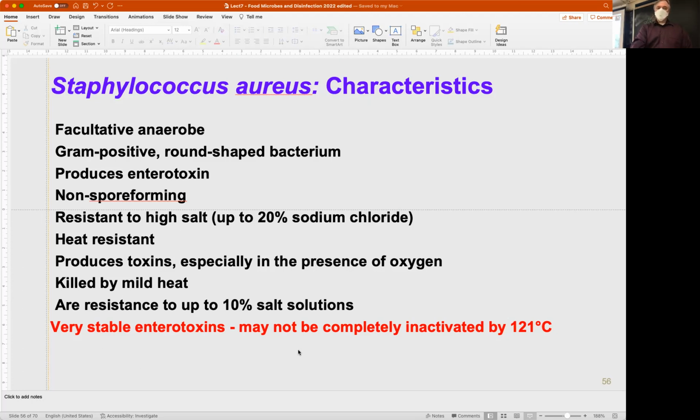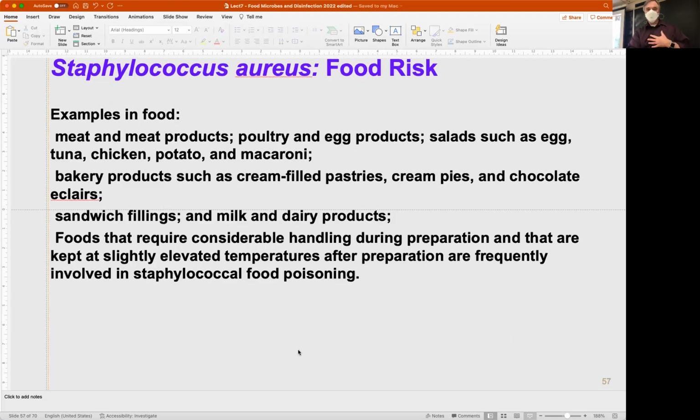The bacteria themselves are killed by mild heat, but the toxins are very stable and you can't deactivate them until you get to about 121 degrees Celsius. So it's a real severe heat treatment. You need to push the Staph aureus bacteria to remove the toxins.